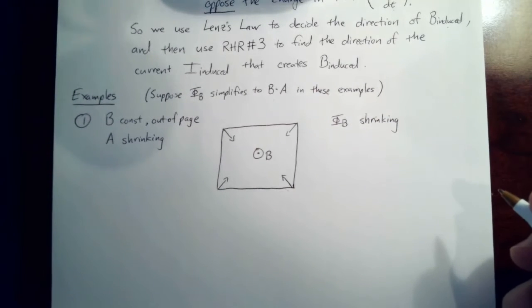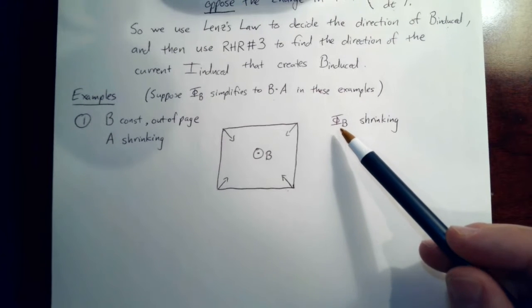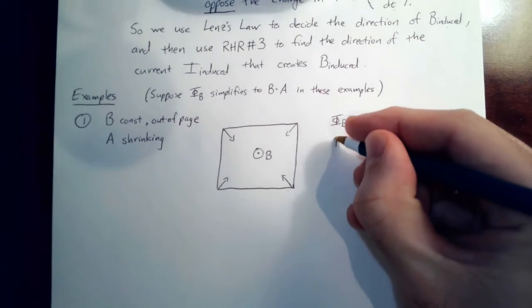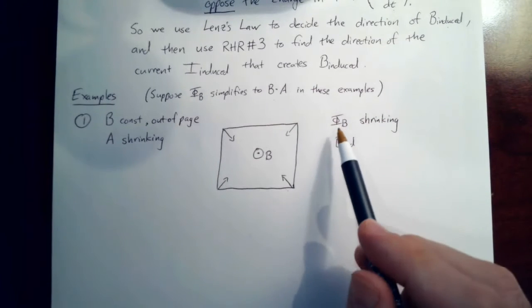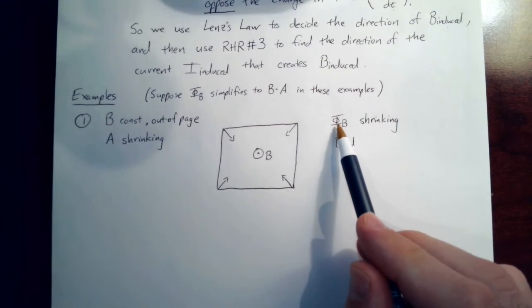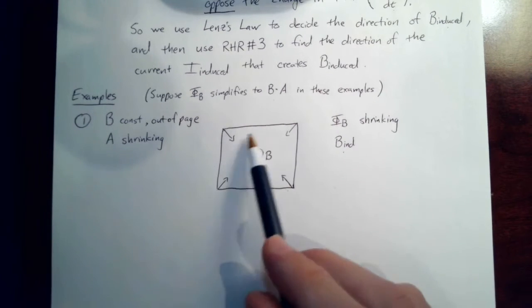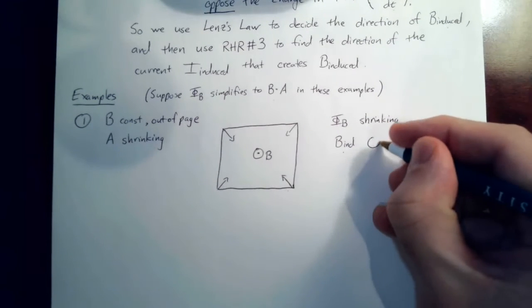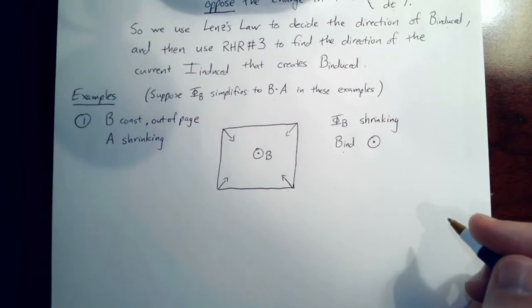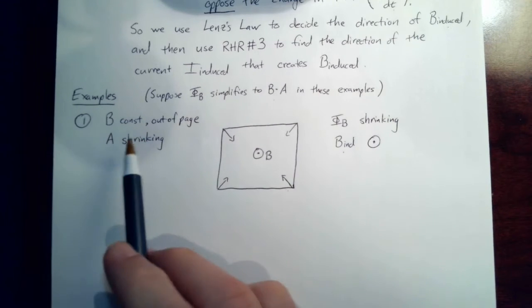And so what does Lenz's law tell us? Lenz's law tells us that nature will induce a B field, B induced, to oppose this change in the flux. If the flux is decreasing, then B induced is going to be trying to increase the flux. And if we want to increase the flux in this situation, then we would expect B induced to be out of the page, so that it adds to the existing B that's already there.